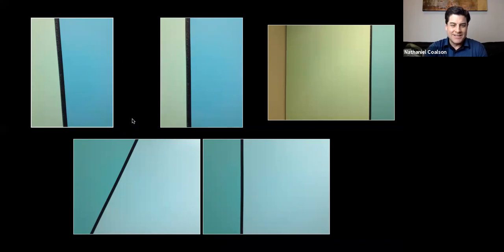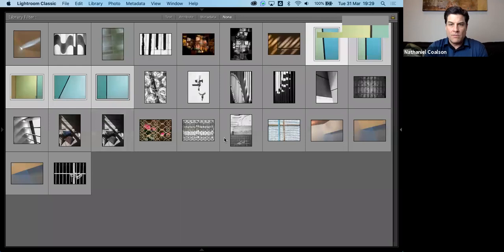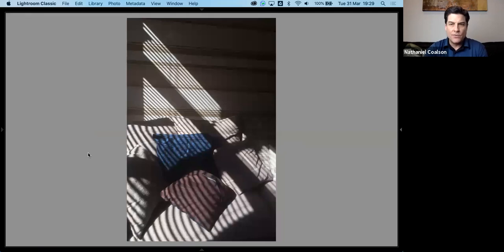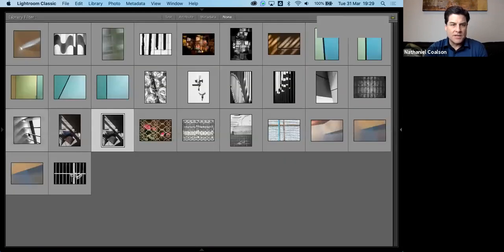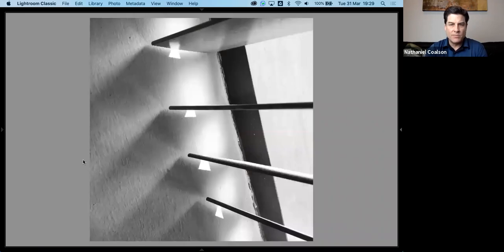Again, these kinds of pictures literally are everywhere. Looking around your house, you've got light coming in through windows that can make quite dramatic patterns and effects, as long as you stay aware of this kind of stuff. Here's an iPhone picture of a close-up of the blinds in our front room.